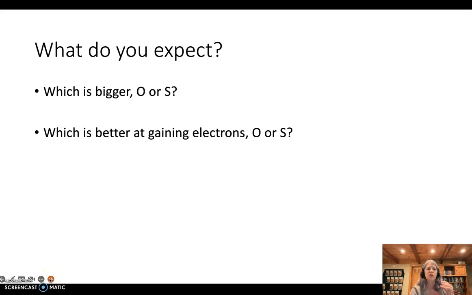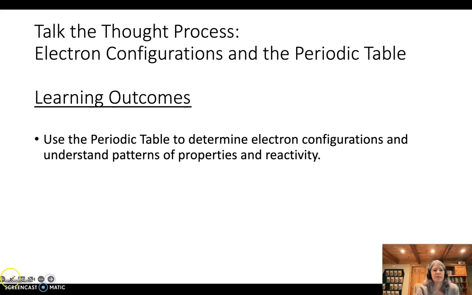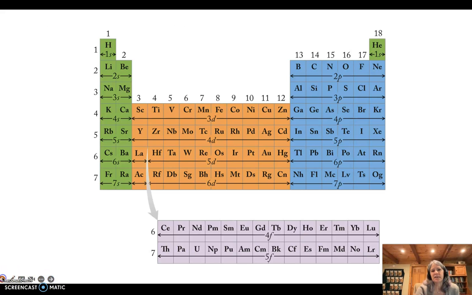Now, what do you expect when you look at the elements that tend to gain electrons? Oxygen and sulfur. So we can again look at the periodic table. Let me go back. Oxygen and sulfur over here in group 6 or 16. Both of them would like to gain electrons in order to form the O2 minus ion or the S2 minus ion, right?